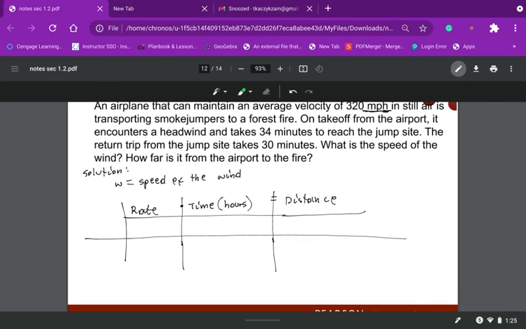First I will talk about the situation of headwind, when the airplane flies against the wind. And flying with the wind, that will be tailwind.